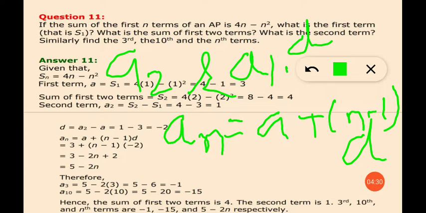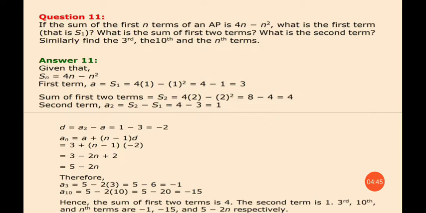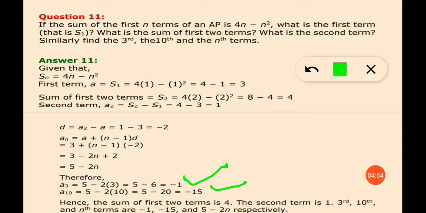If we put n is equal to 3, a and d are known, we can find A3. And if we put n is equal to 10, again a and d are known, so we can solve it. After solving, we get the third term as minus 1, the 10th term as minus 15, and the nth term as 5 minus 2n. I hope it is clear to you.